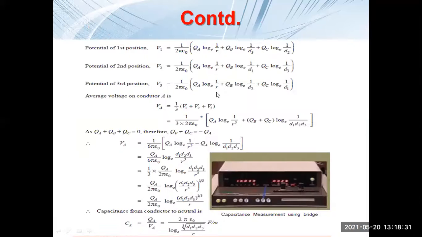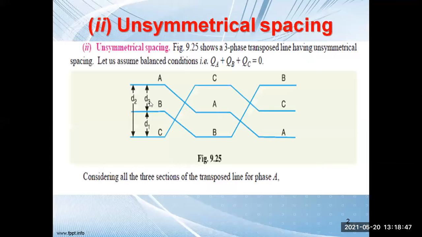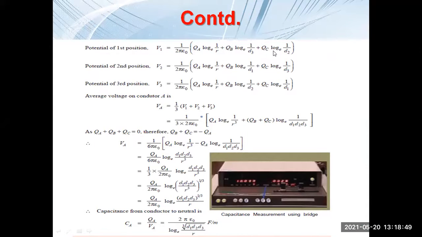So this should be 1 by 2 pi epsilon naught into QA log 1 by R plus QB into log of 1 by D3, because distance between A and B is D3, plus QC into log of 1 by D2. This particular part is clear to all of you? Yes, sir. Okay, fine.